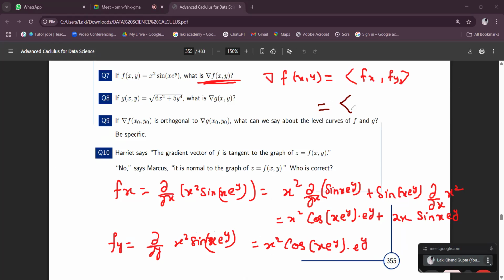So fx is x squared sine, and cos xy, right? This is the variable. Understood? Yes.